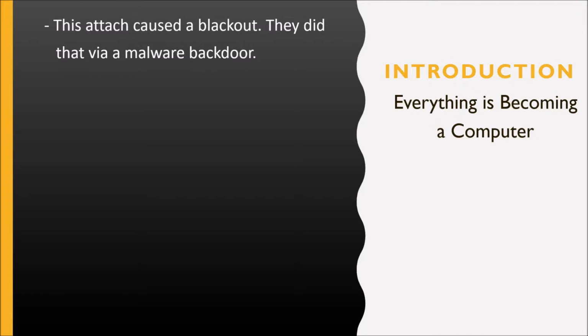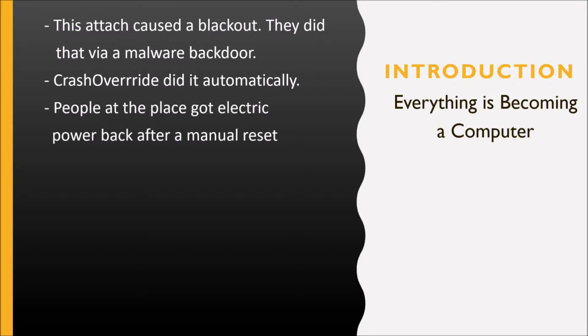This attack caused a blackout, and the only way they could restore the electricity for the people in the area was to reset, in other words, pull the lever. So they reset everything, turned it off, turned it on again, and everything was working. But you can tell how powerful this was.